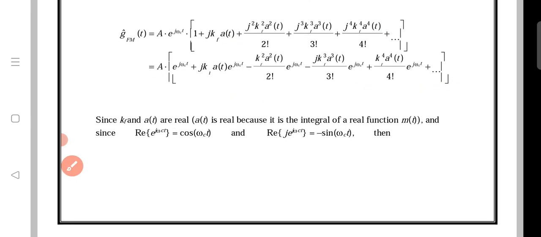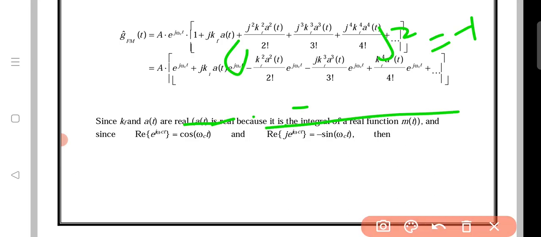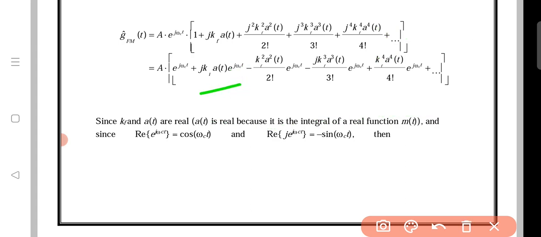But since kf and a of t both are real, because a of t is the integral part of our message signal, it is a function of the message signal.